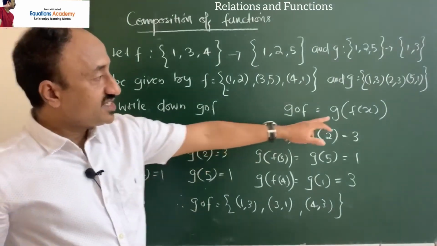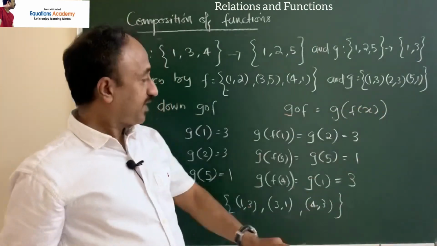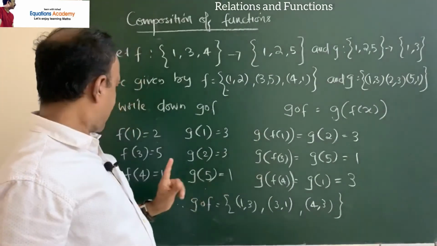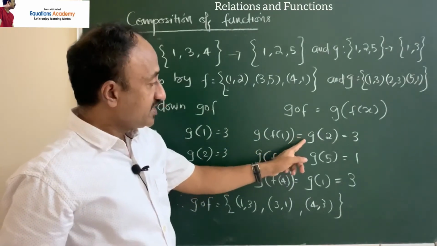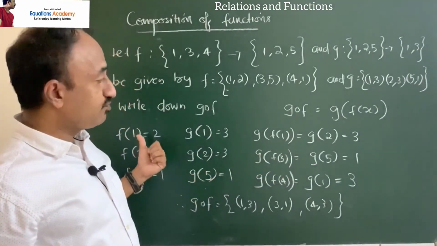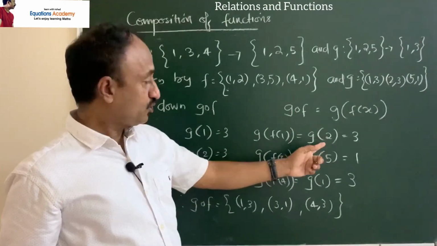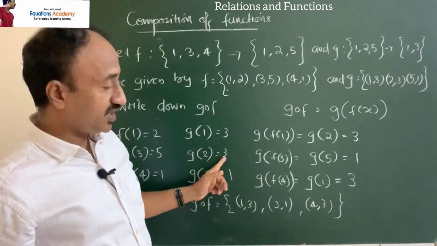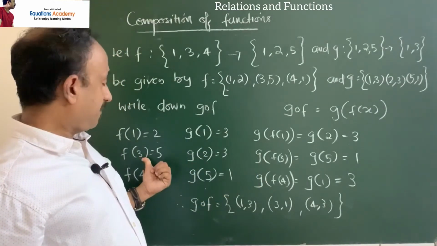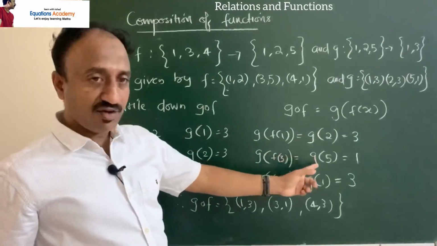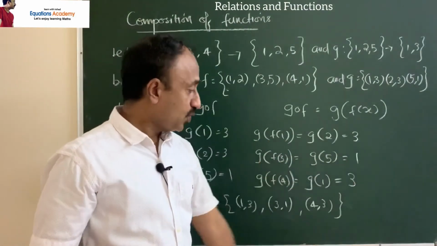Now g of f of x. G of f of 1 is equal to g of, what is f of 1? F of 1 is 2, g of 2, what is g of 2? G of 2 is 3. Now again, g of f of 3 is equal to, f of 3 is 5, so g of 5 equal to 1.